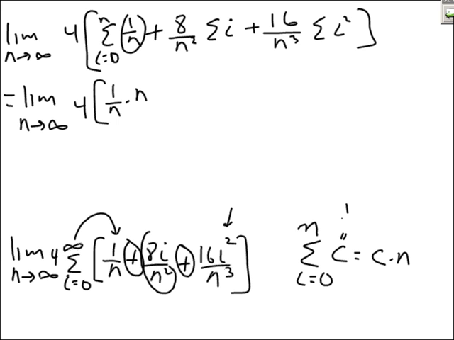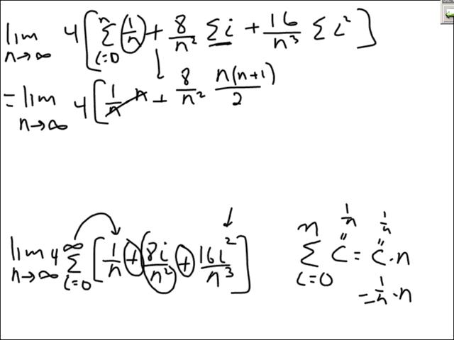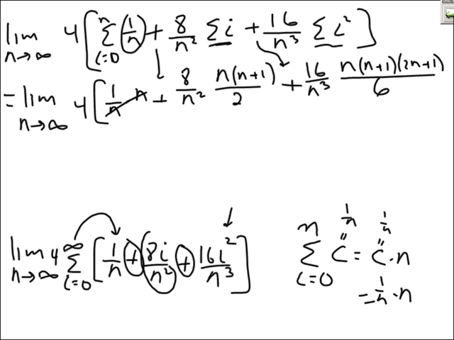If that constant happens to be 1 over n, then we should get 1 over n times n, which of course is 1, plus 8 over n squared times the summation of i, which is n times n plus 1 over 2, plus the constant times the summation of i squared, which is n times n plus 1 times 2n plus 1 over 6.